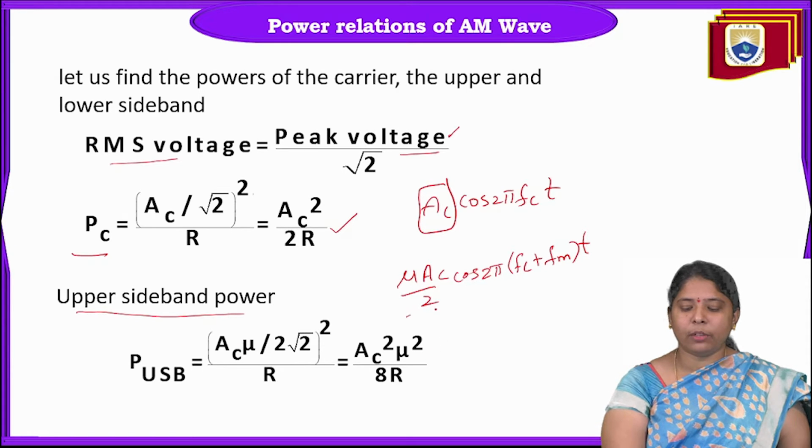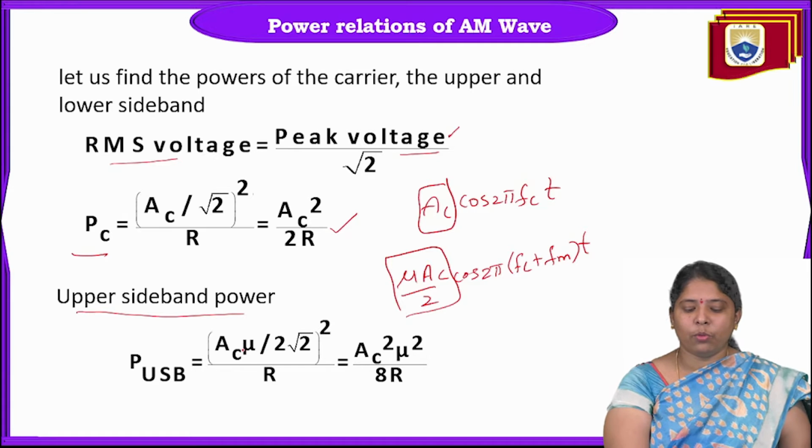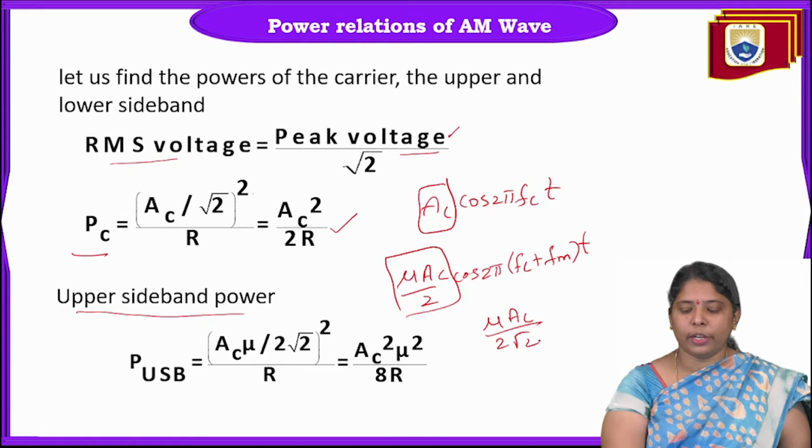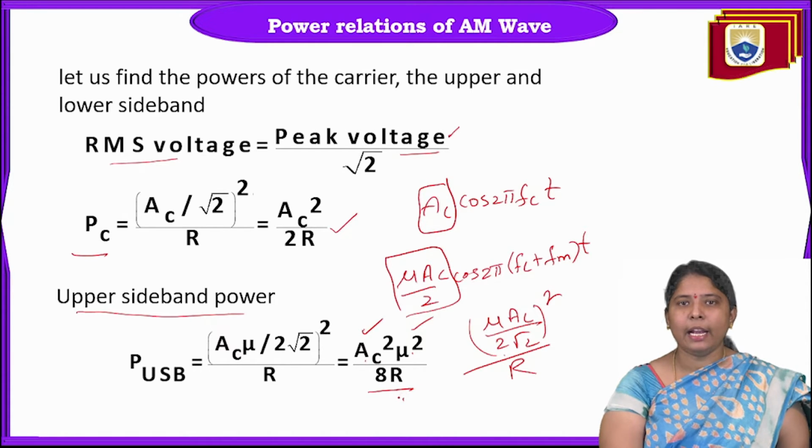So mu AC by 2 is the peak voltage, and peak voltage by root 2, whole square, by R. This becomes mu square AC square; 2 square is 4, root 2 whole square is 2. So this becomes mu square AC square by 8R.